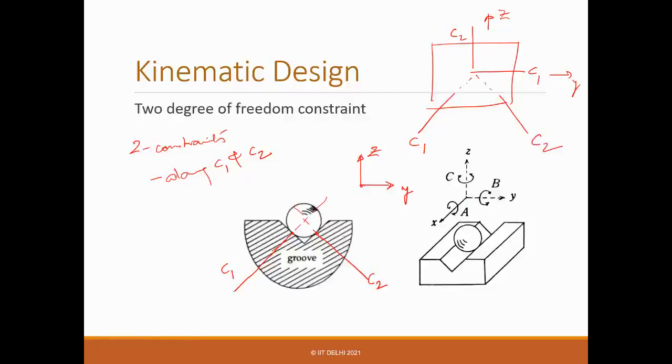So what we say is that if we put a ball in a V groove, it constrains the translation motion along a plane which is perpendicular to the V groove, right? If this is the axis of the V groove, then in any perpendicular plane it cannot move.